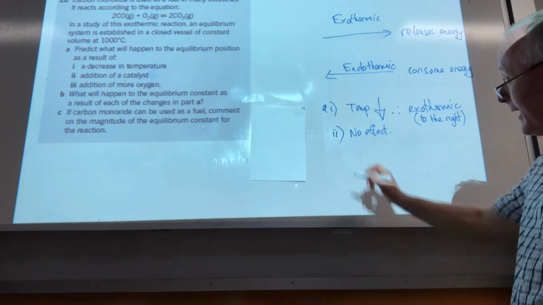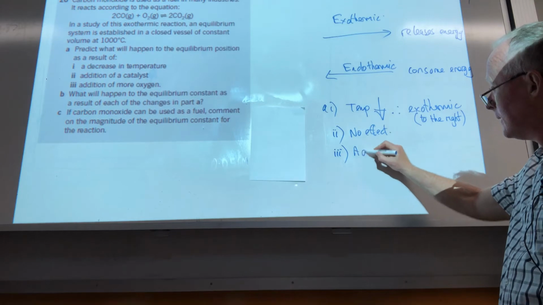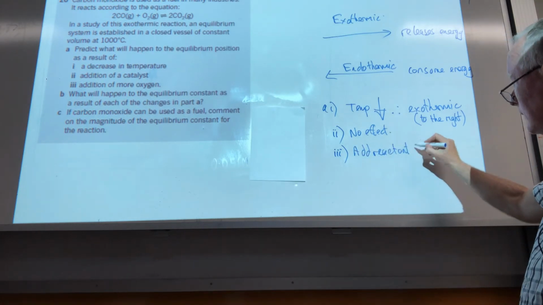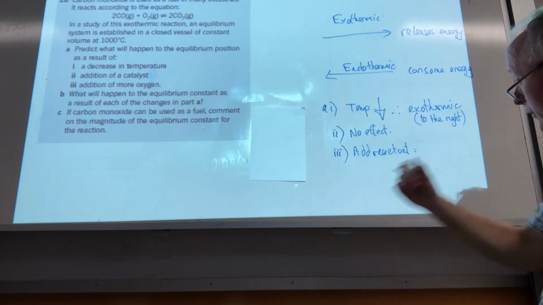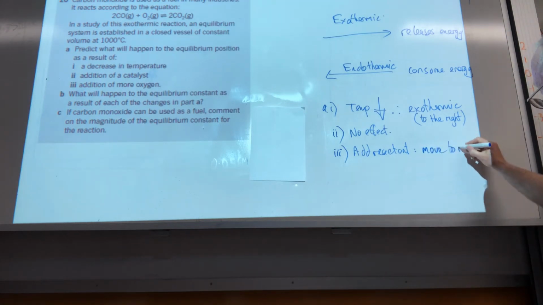If we want to add a reactant, then the reaction's going to want to get rid of that reactant, so it's going to move to the right to remove oxygen.